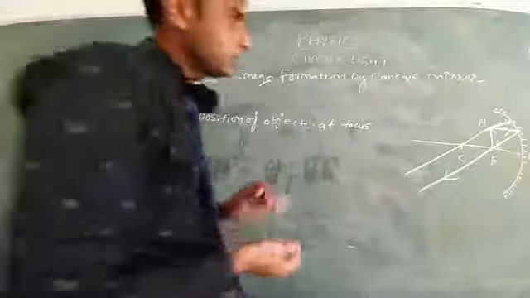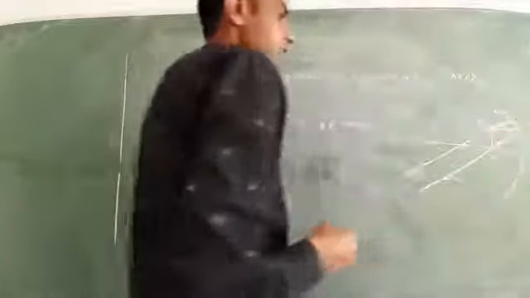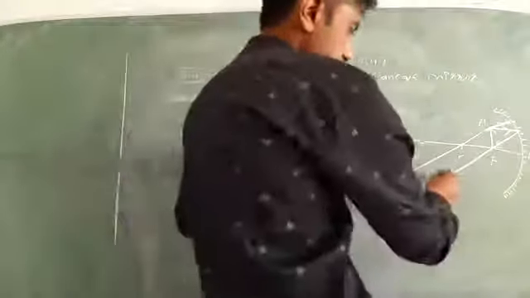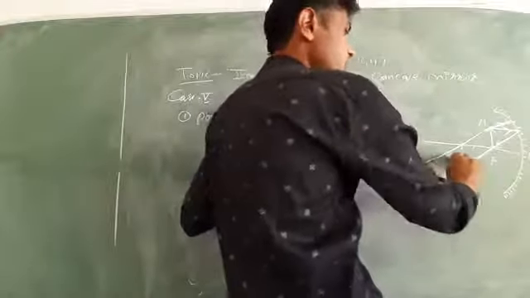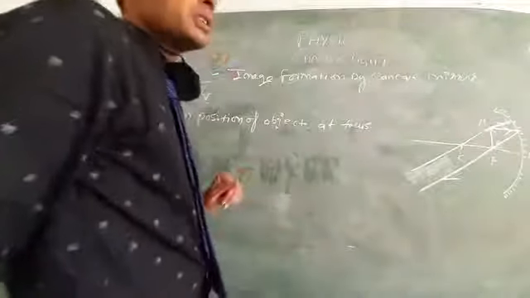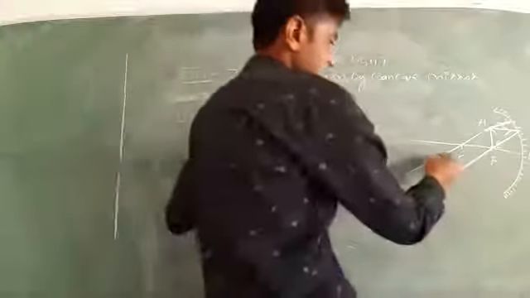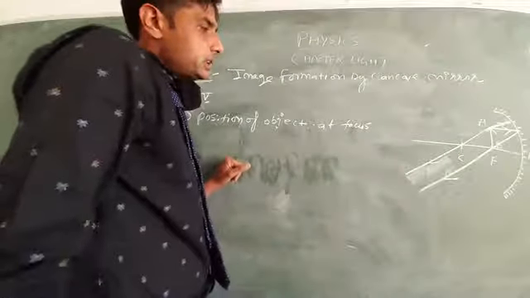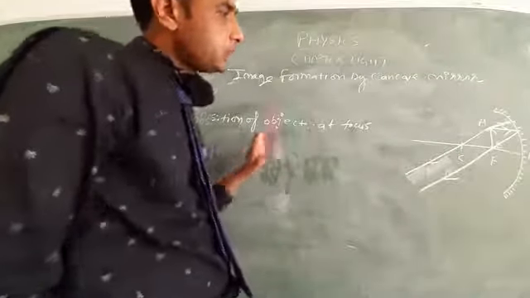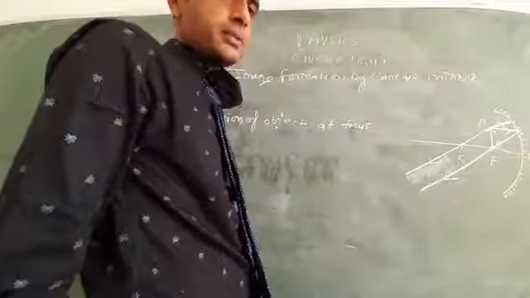As you can see, according to the ray diagram, these rays of light travel parallel to each other. It means these rays of light never intersect each other. It means the image is obtained at infinity.